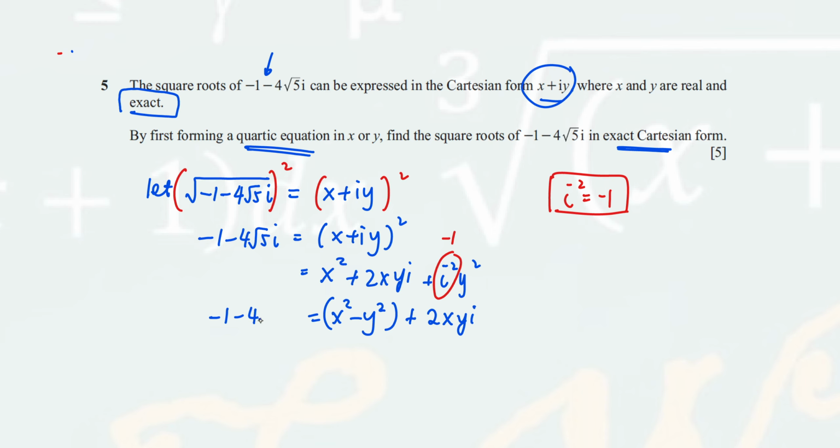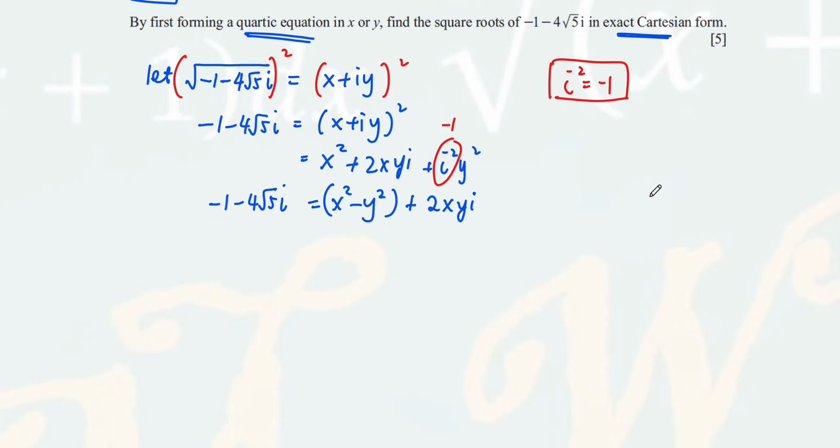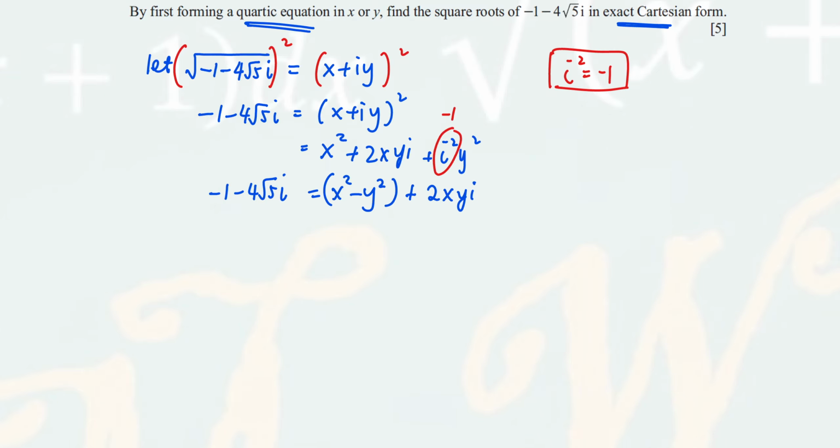Okay, so now basically you are getting equal complex numbers. The left side is a complex number, the right side is also a complex number. So use the concept of equal complex numbers and do the comparison, which means the real part -1 equals x squared minus y squared, and the imaginary part -4 square root 5 equals 2xy.